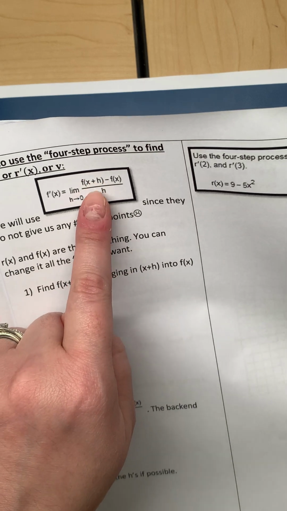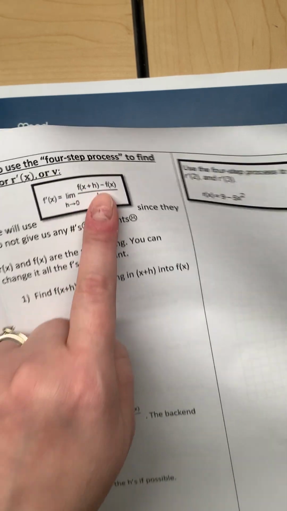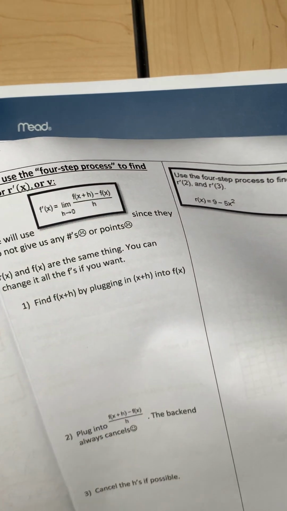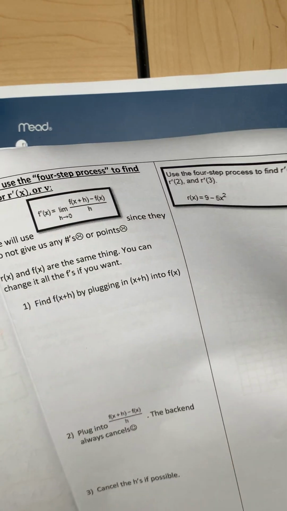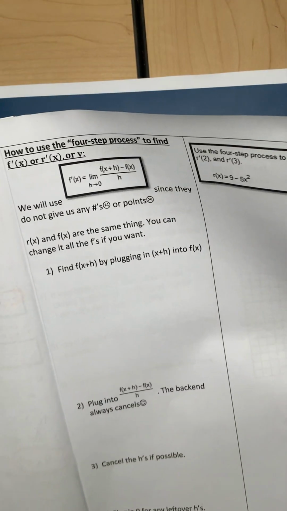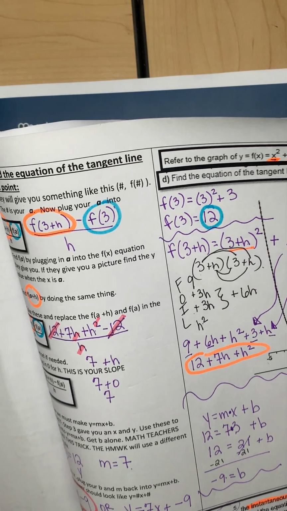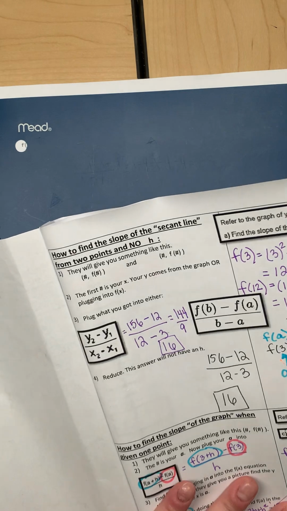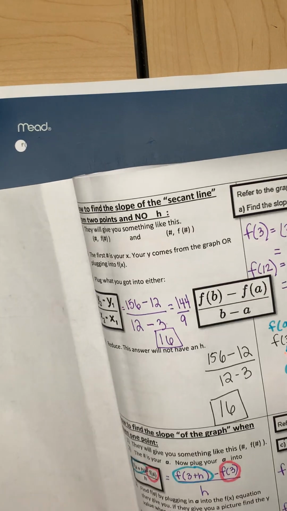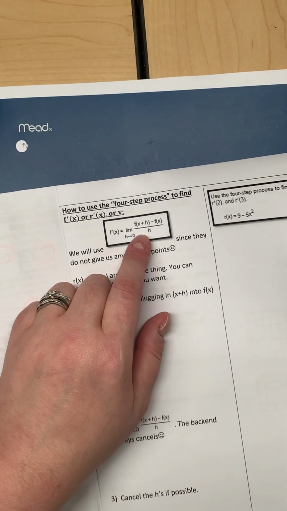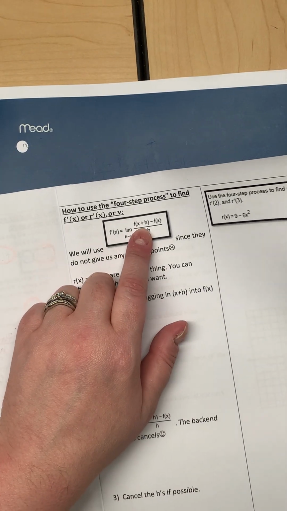Only instead of an A, like an actual number that we get to put in, we just leave the letter X a letter. We leave the letter H a letter. So we're not plugging in numbers into this formula yet, like we did with finding the equation of a tangent line through a point, finding the slope of a secant line, finding the slope of a graph. All of those we plugged in a number for the A, but here the A is just a letter X.